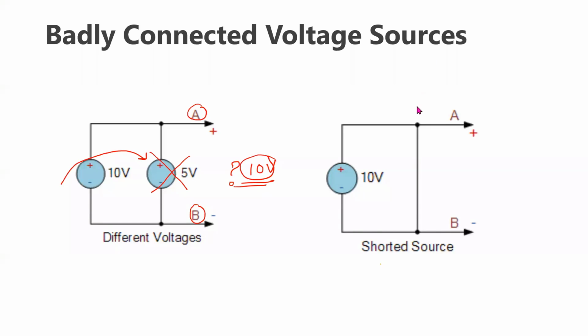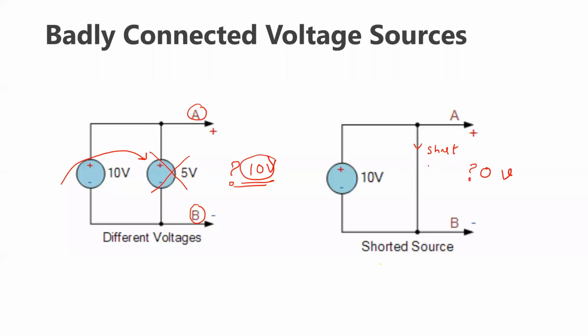Now, one more bad connection. Connecting the voltage source and shorting it. Connecting the voltage source and shorting those two terminals, what is the expected value here? Can you guess the value between the terminals A and B? Answer is 0 volt. Because I have already said it is short.